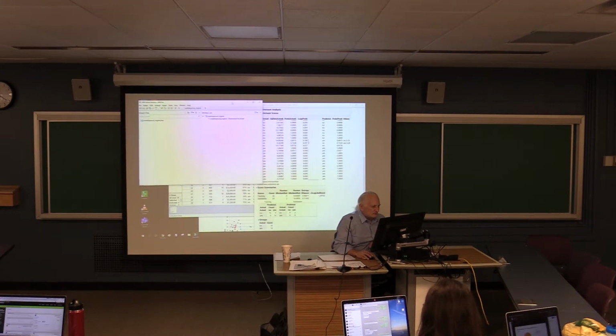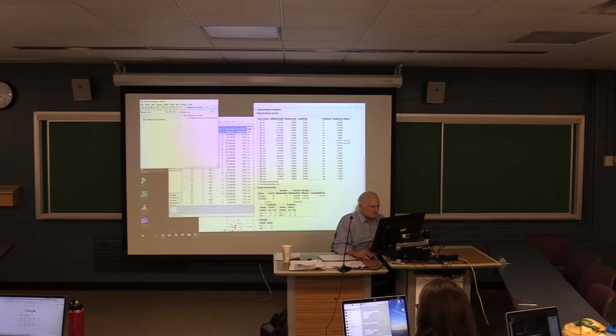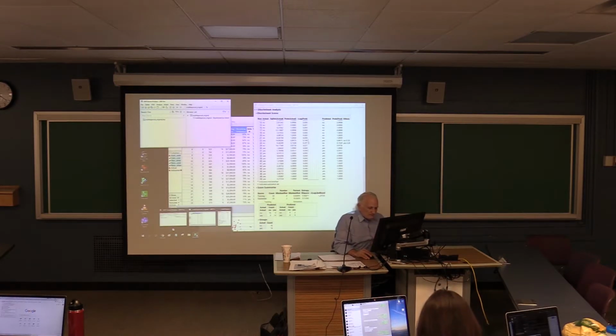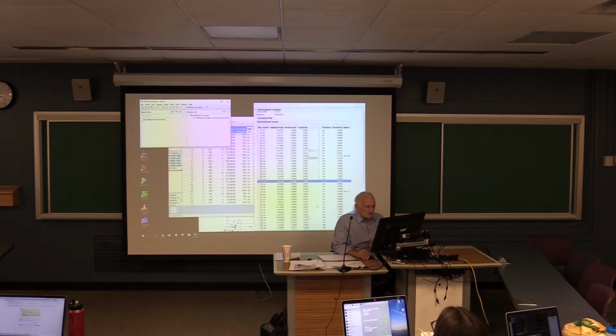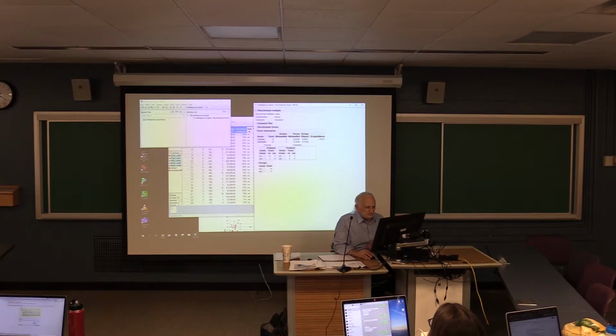There may be a way to control that. So if you don't need something, close it, because it can get very busy very quickly. So this is the discriminant scores. Groups, we have seen those. What other things can I generate?